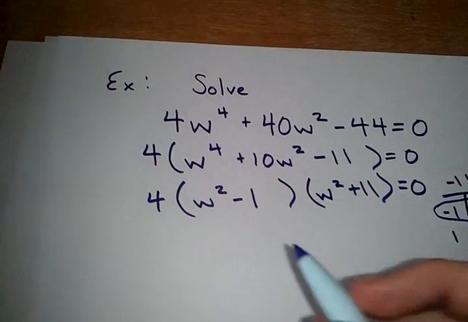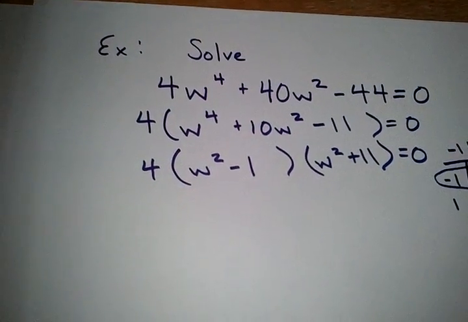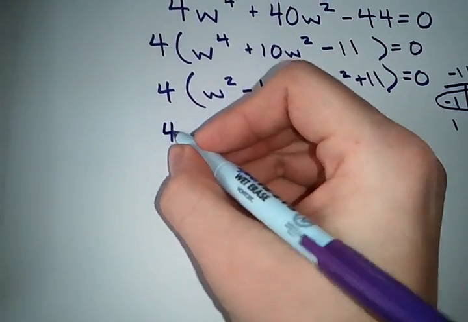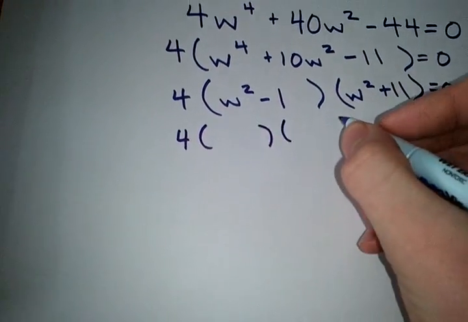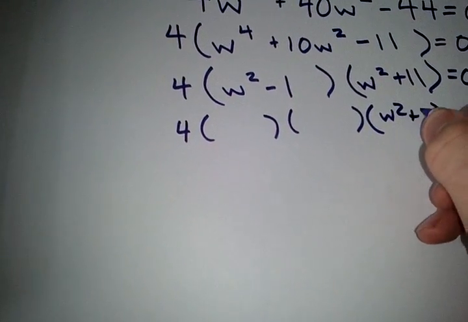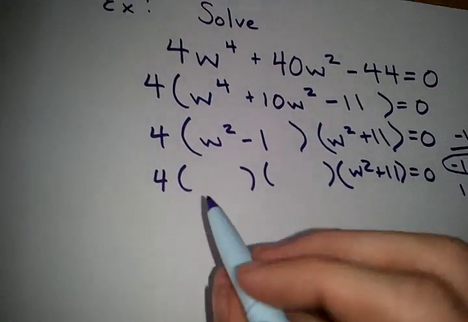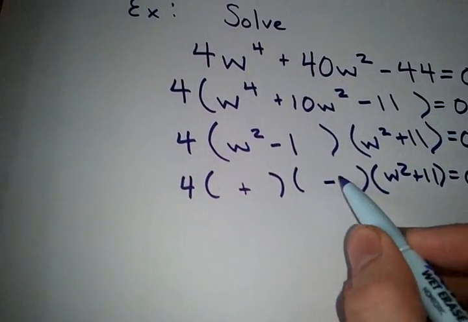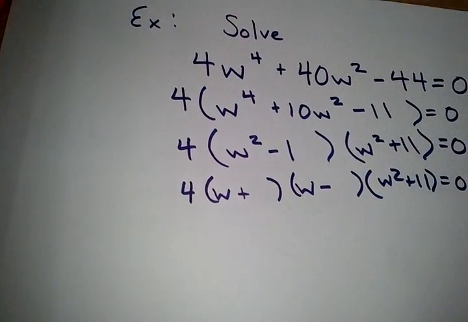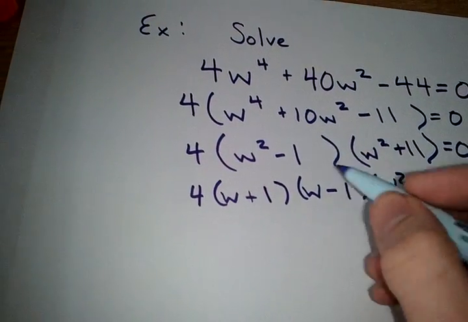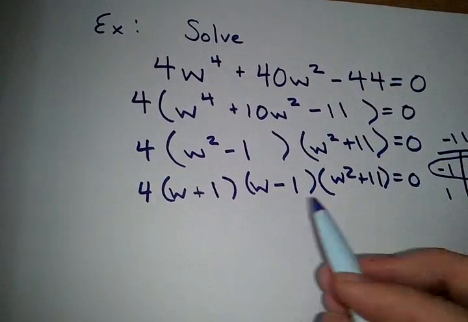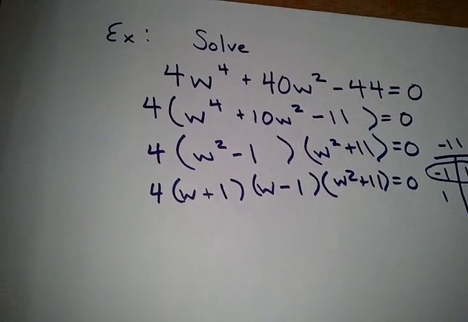On this middle factor, w squared minus 1 is a difference of two squares. We'll open up two sets of parentheses. And to factor this, plus minus w times w gives me w squared, and 1 times 1 gives me negative 1. Set each of these individual factors equal to 0 and solve them.